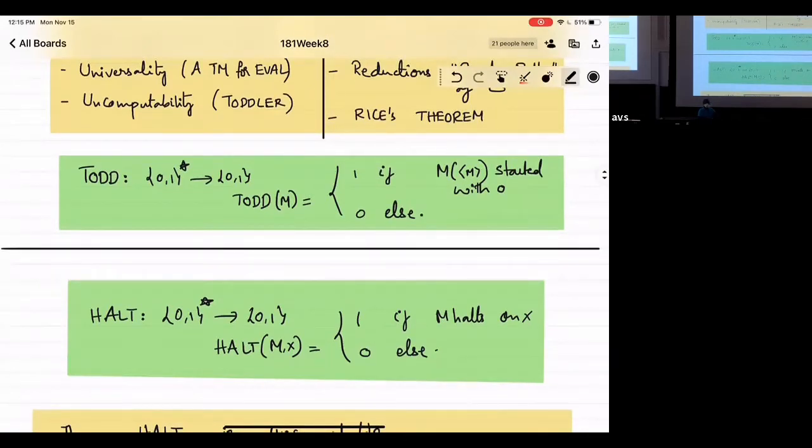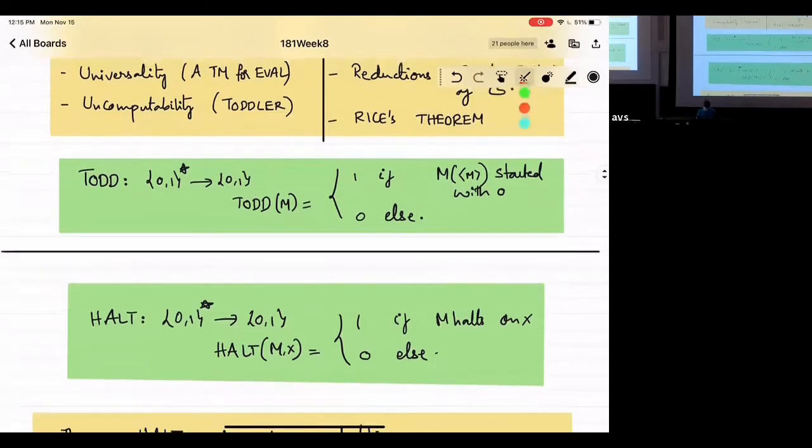That sounds like a valid algorithm by itself, but that doesn't suffice to show that Todd is computable. Why? Because when I execute this, I might be stuck in an infinite loop, so I never get to check the output and decide what to do.